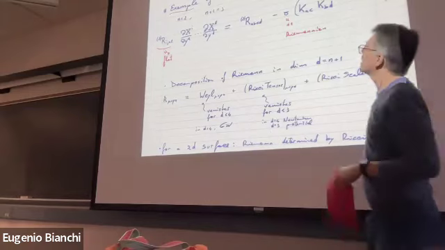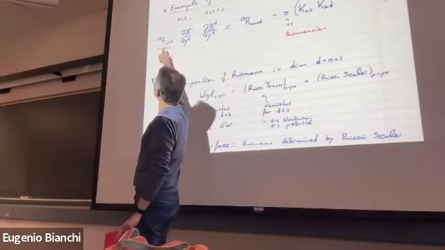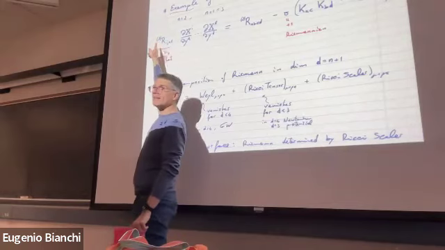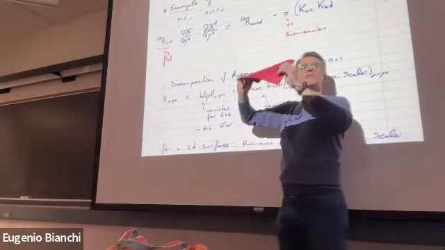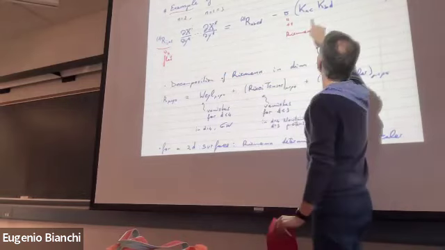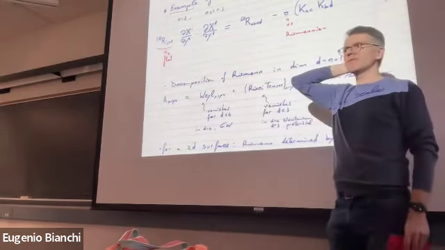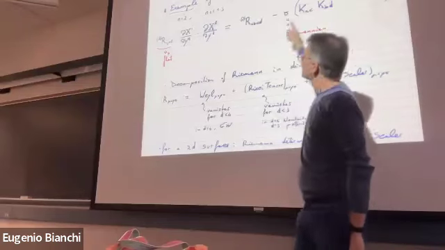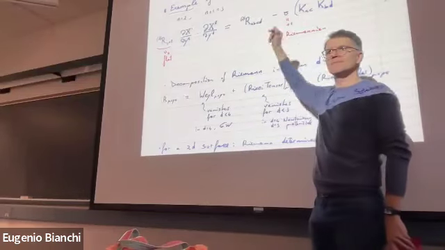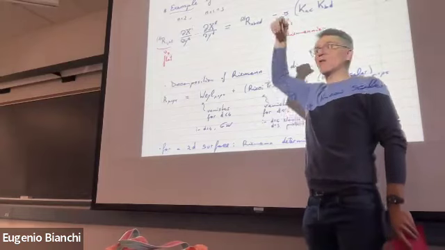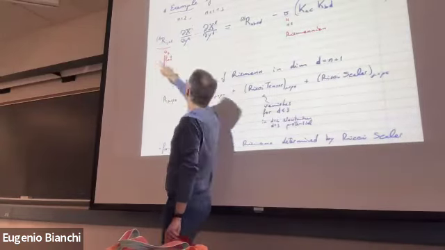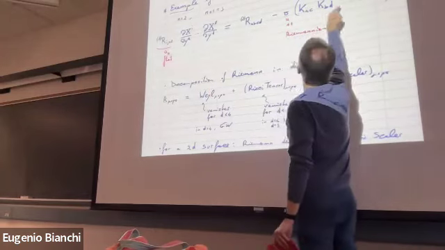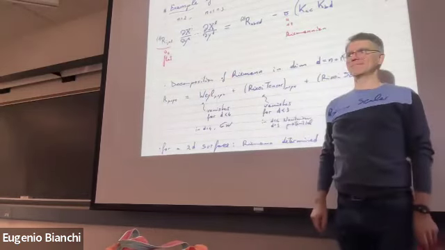And they relate the curvature in this room, the three-dimensional Riemann tensor, the curvature of the surface, and the extrinsic curvature of the surface. They are not independent. They are related by an equation. Okay? Now, in this room, the curvature is 0, which means that these two objects are related.